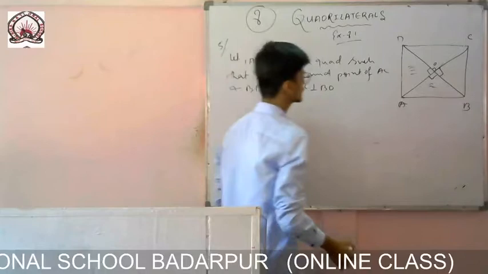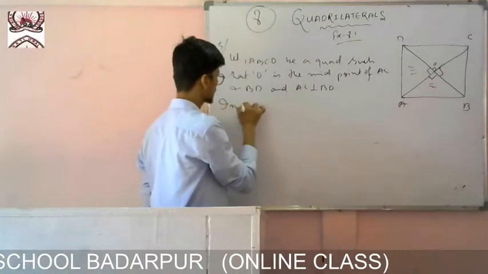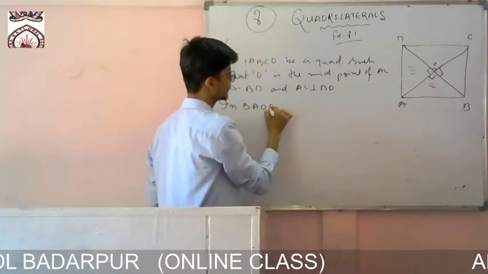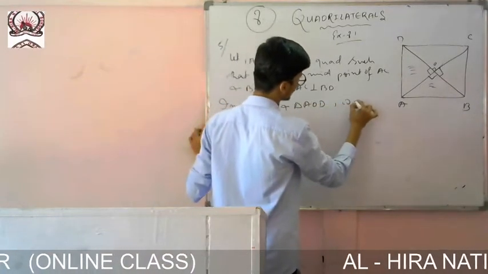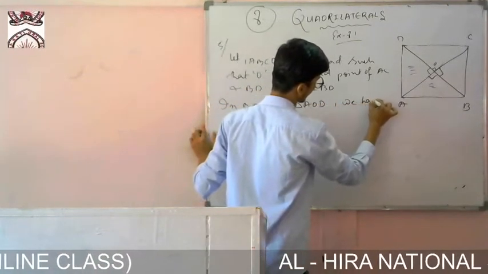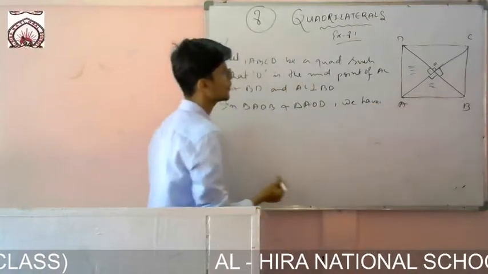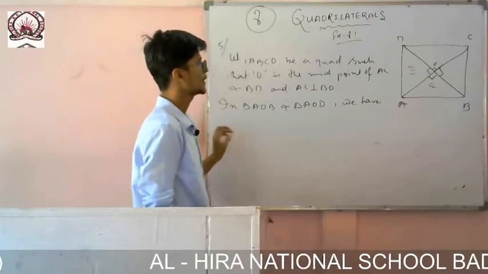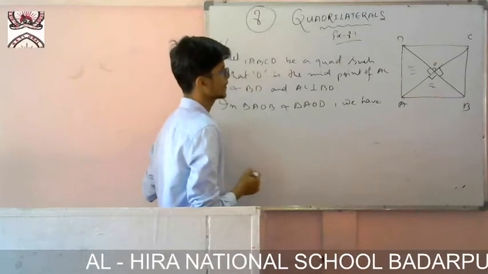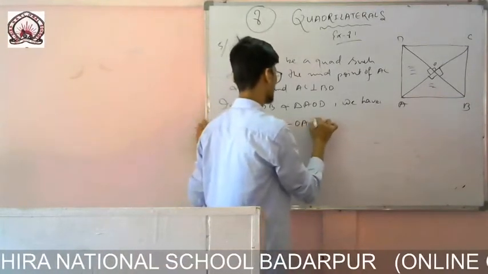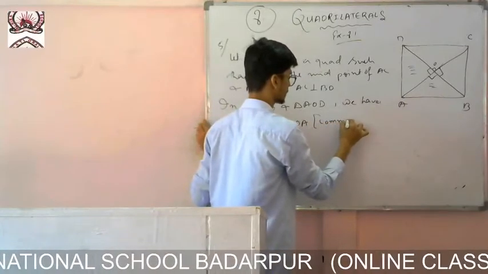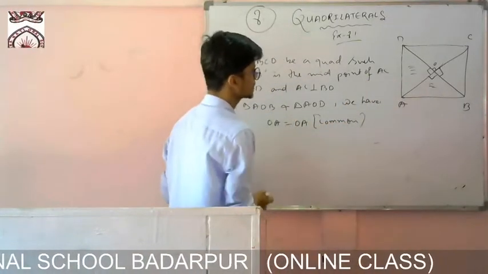Okay. Let us take these two triangles. So in triangle AOB and triangle AOD, we have, what do we have? We have this side OA as the common side. OA is equal to OA, common, and these angles are 90 degrees.